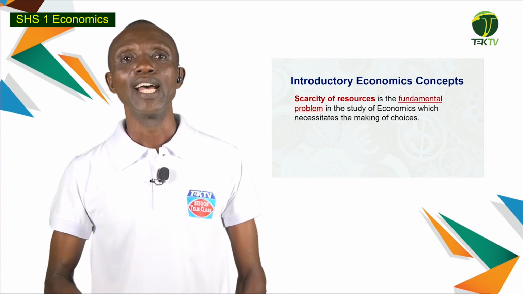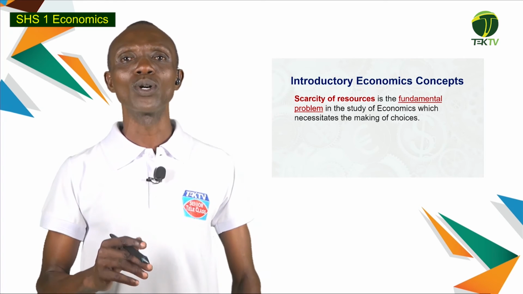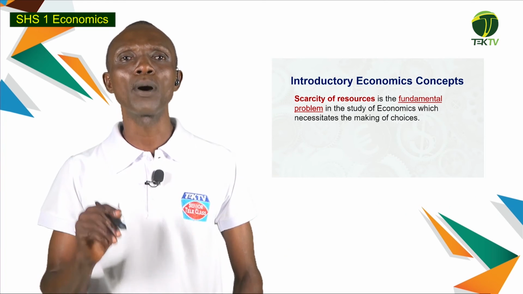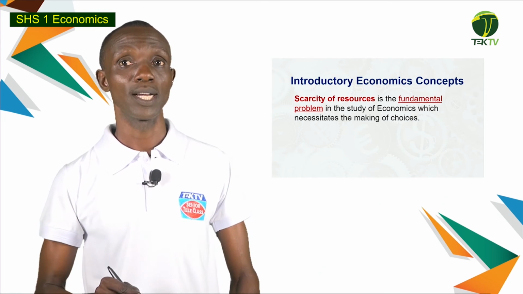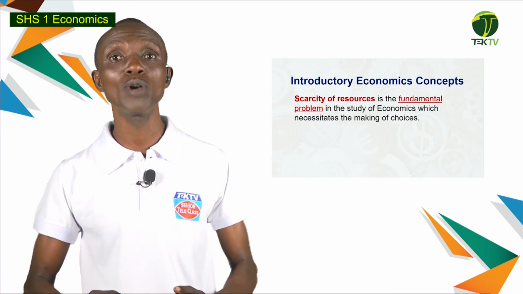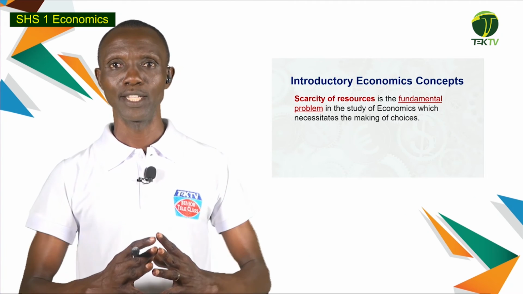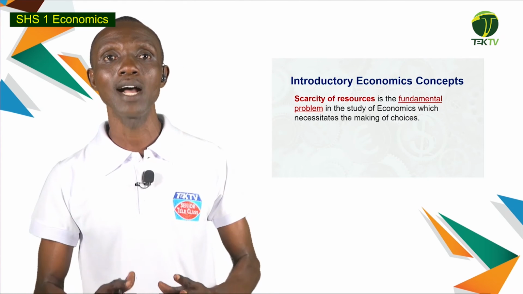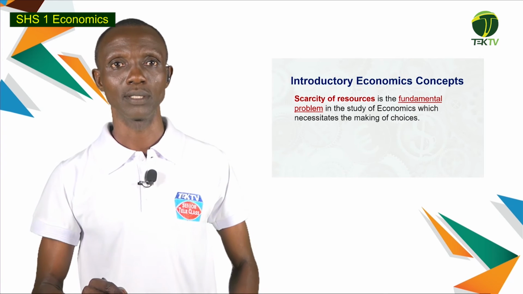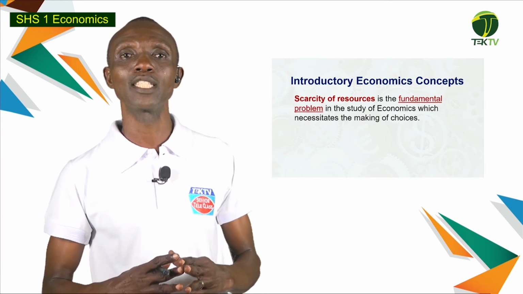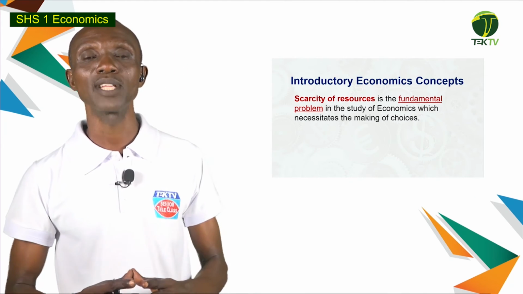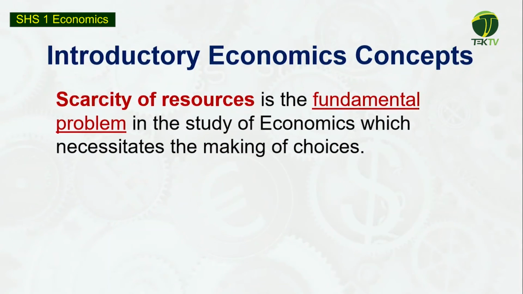Good. Now, scarcity of resources is a fundamental problem in the study of economics. Had it not been for this problem, there wouldn't be any need to economize. So it is a fundamental problem of economics. Good. Economic agents, which are individuals, firms, and government, these three major economic agents are faced with the problem of scarcity.